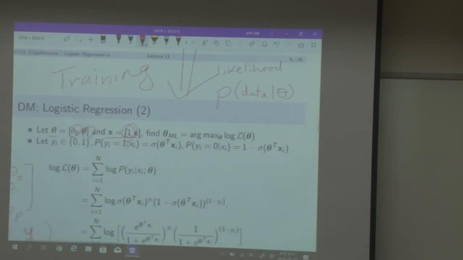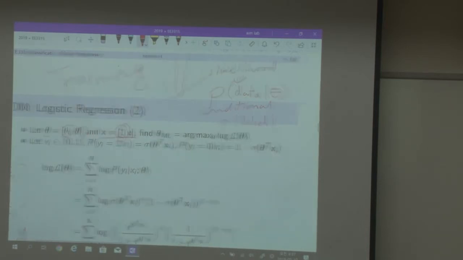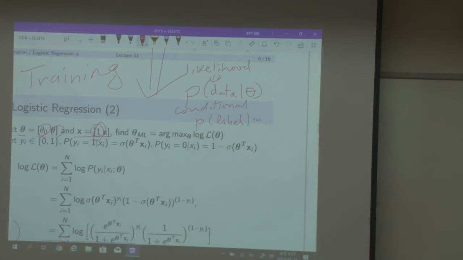But we should be really thinking about conditional likelihood, as I said. If you remember, we have data, which is the input and the output. So which one do I want? The label given the input.